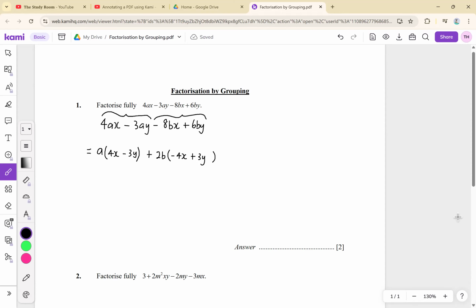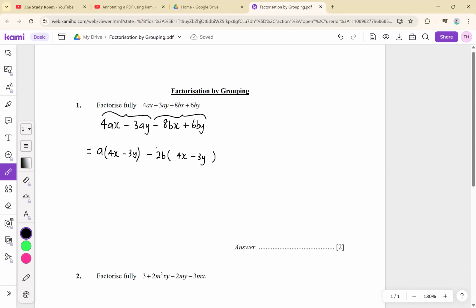So we need to make some adjustment over here. Instead of factorizing out positive 2b, we will take out negative 2b instead. Because if we take out negative 2b, then inside becomes 4x, and over here becomes negative 3y. We can always test it out.